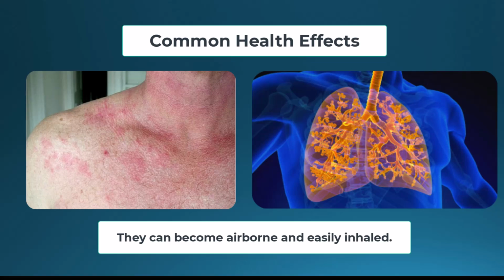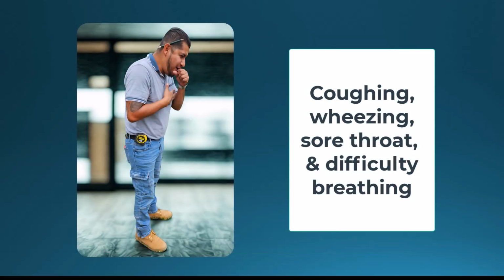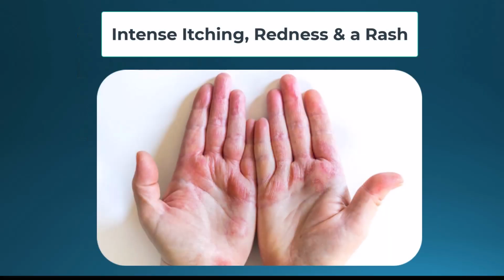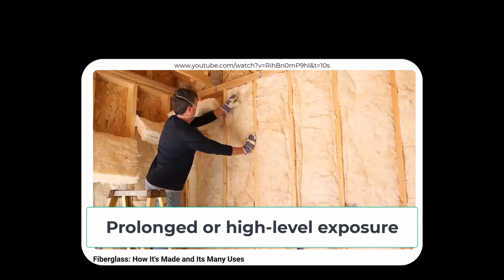These tiny fibers can irritate the lining of the nose, throat, and lungs, leading to coughing, wheezing, sore throat, and difficulty breathing. Similarly, direct contact with fiberglass can cause intense itching, redness, and a rash due to mechanical irritation from the sharp glass fibers. These symptoms are typically short-term and resolve once exposure ceases, but repeated or prolonged exposure can exacerbate the conditions.